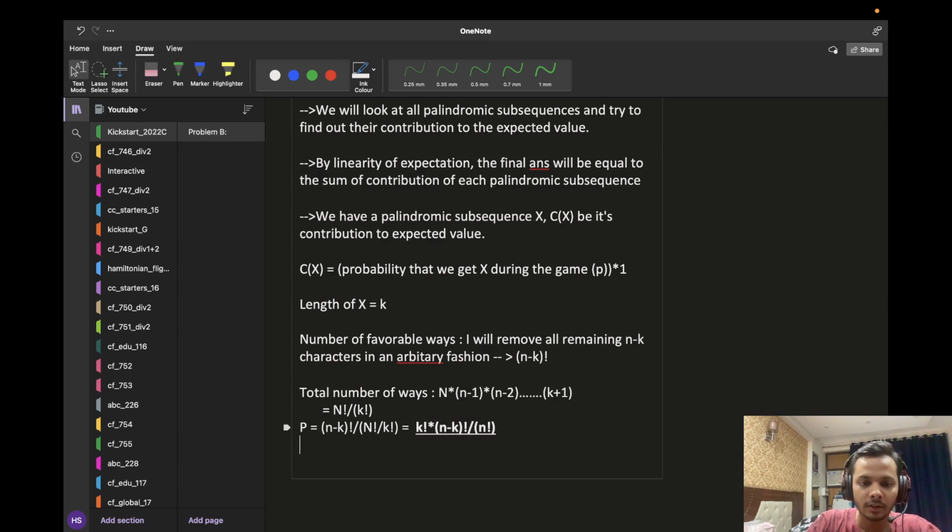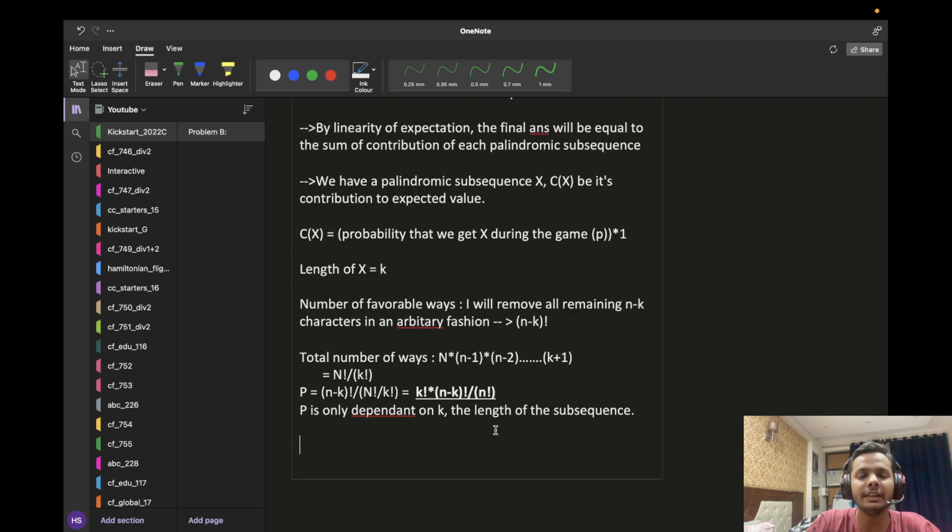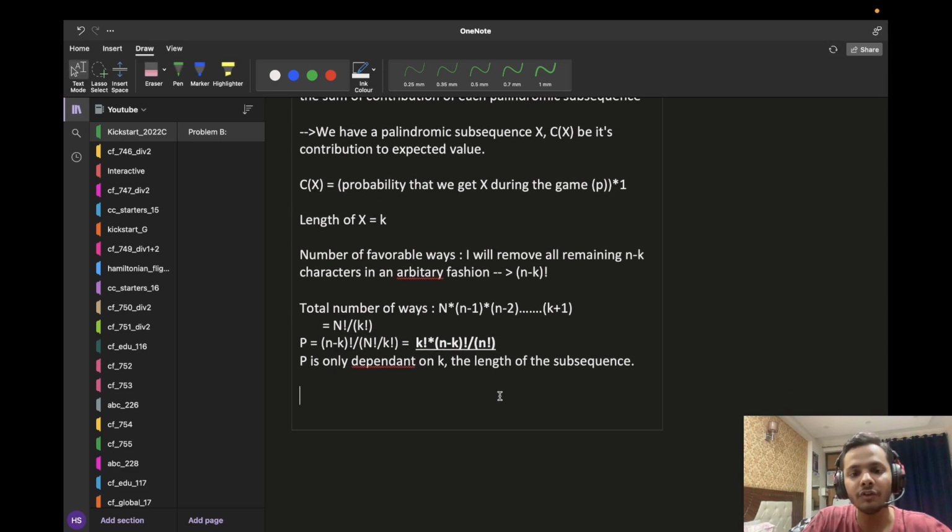So what we realize here is that p is only dependent on k, which is the length of the subsequence, right? That means we don't have to go over each subsequence separately. If somehow we can calculate the total number of palindromic subsequences for all k from 0 to n minus 1, then it becomes really easy because we can calculate this value.